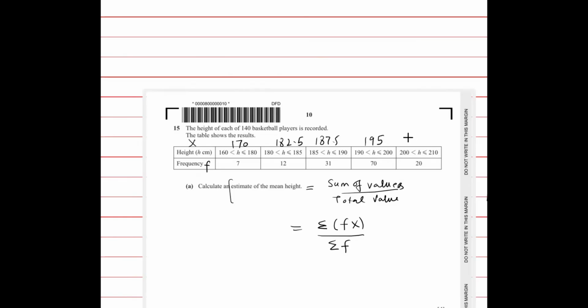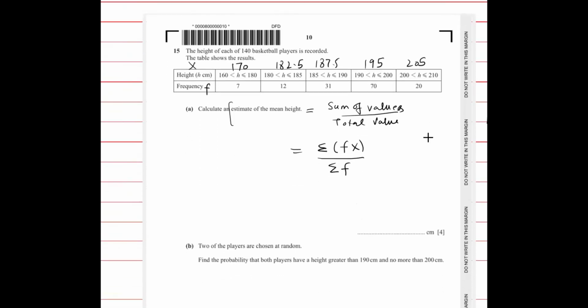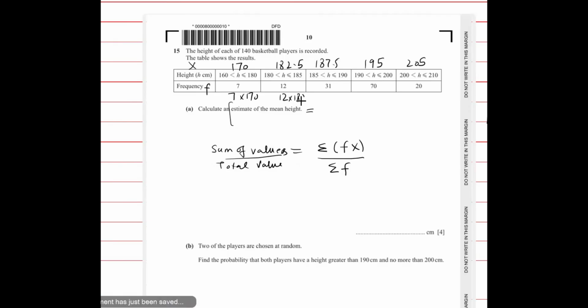And 200 to 210, this is 205. And we can calculate the product of f times x if we multiply 7 by 170, 12 by 182.5, 31 by 187.5, and 70 by 195, and 20 by 205.